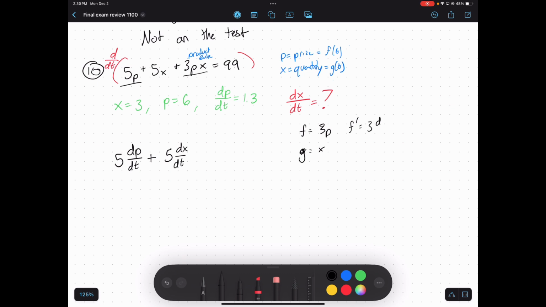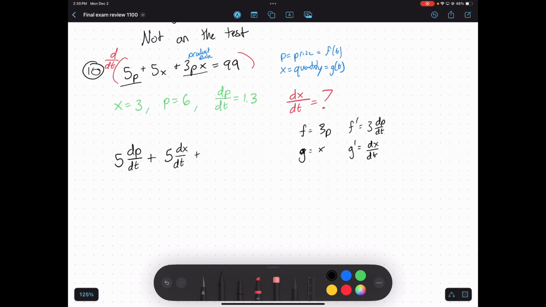This gives me 3 dp over dt. Remember, since this is all implicit differentiation, my derivatives are these rates of change here. My derivatives don't just go to 1, they go to these dp over dt's and dx over dt's because we're taking the derivative in terms of t. So now I'll use the product rule here.